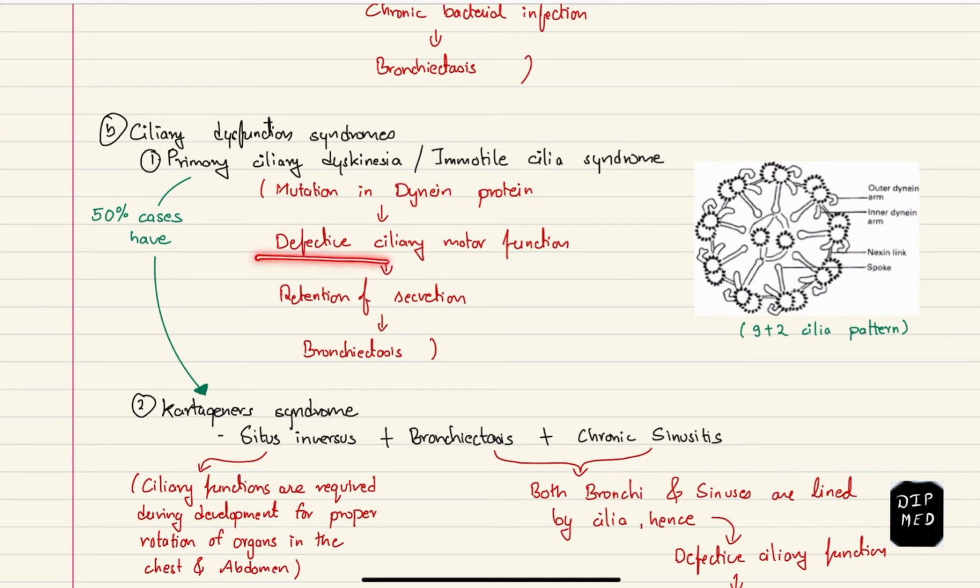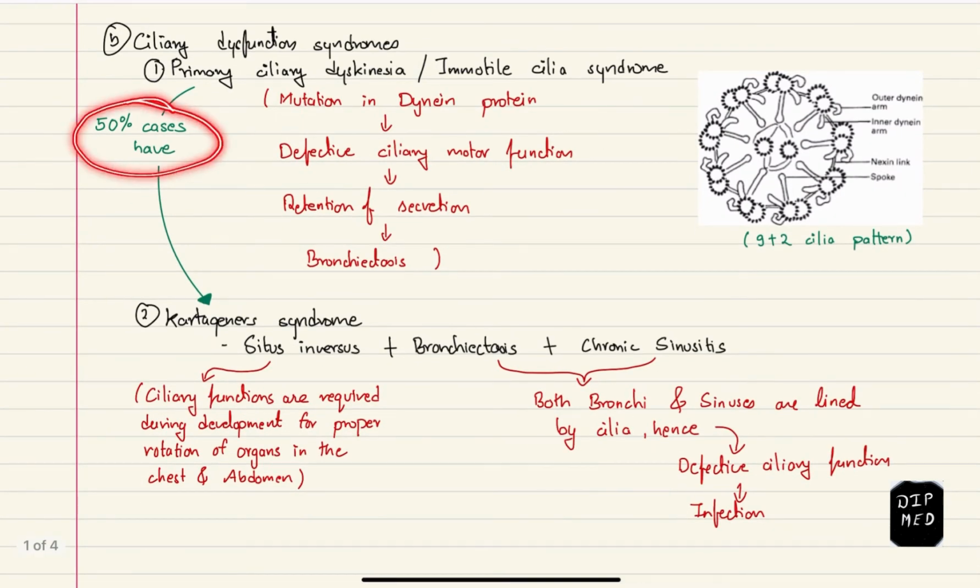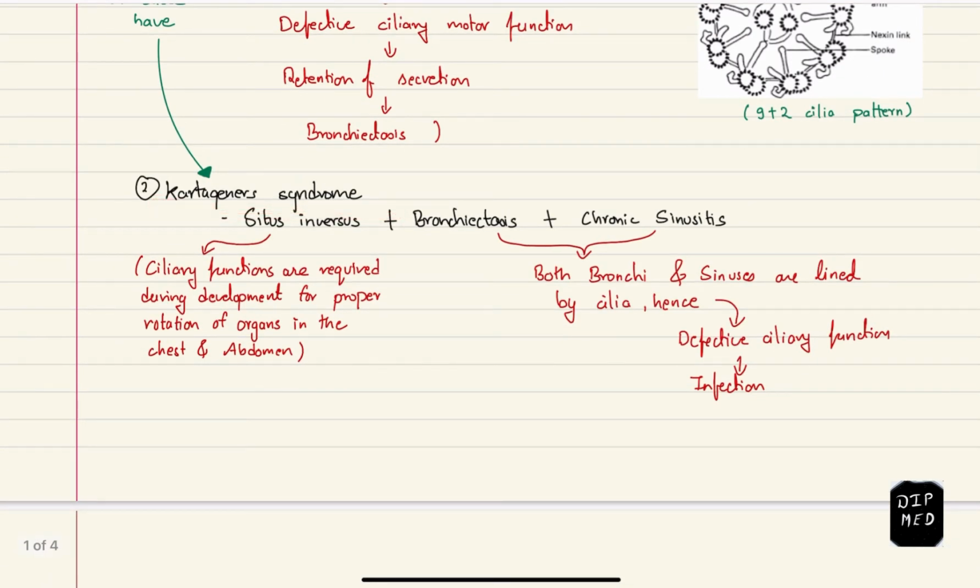This will cause defective ciliary motor function and hence retention of secretions, leading to bronchiectasis. 50% of cases of primary ciliary dyskinesia have Kartagener syndrome, which is characterized by situs inversus, bronchiectasis, and chronic sinusitis.